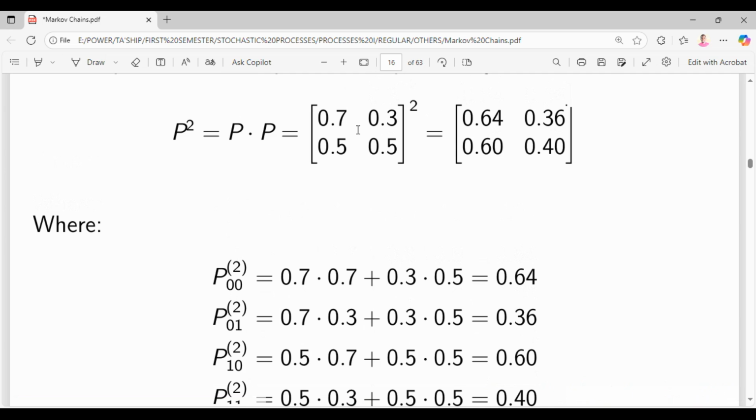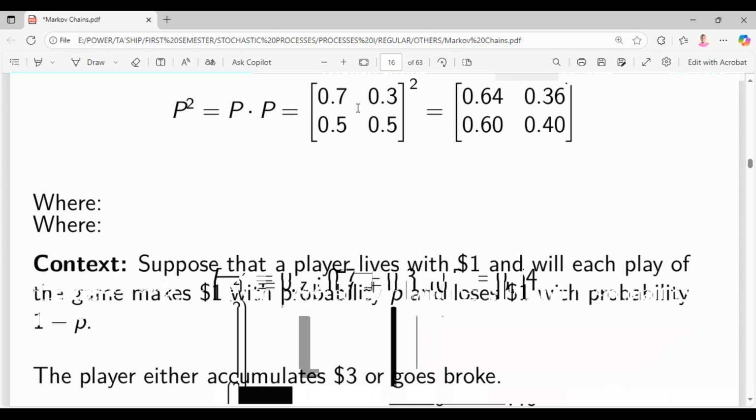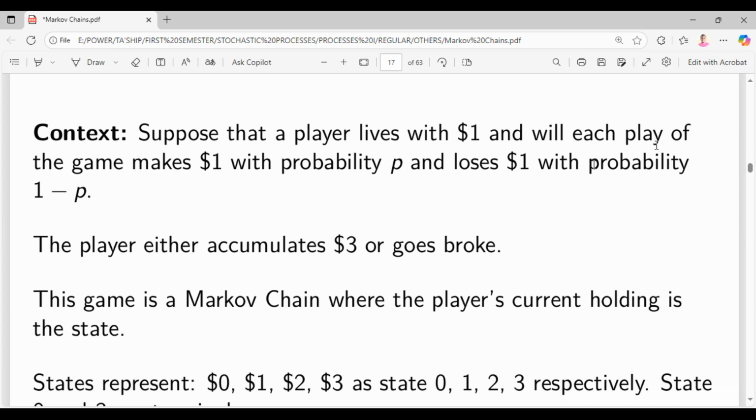Also let's look at the casino example. Suppose that a player starts with $1 and with each play of the game wins $1 with probability P and loses $1 with probability 1 minus P. The probability of winning is the complement of losing.